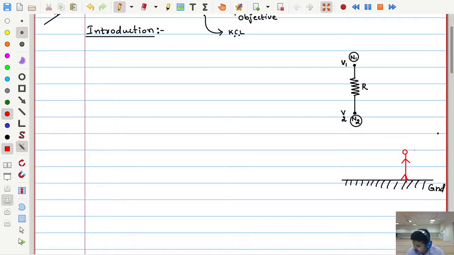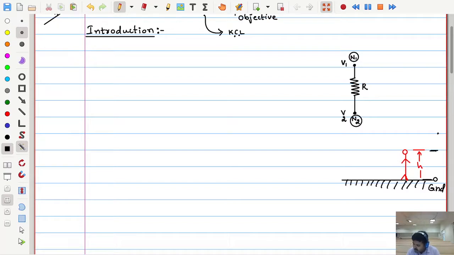Let us assume that this person has a height of h meters or some centimeters. How are we measuring his height? From the reference of this ground. Here is 0, and as it moves above that he has a certain height, let us say 165 centimeters. How are we measuring this height of a person?